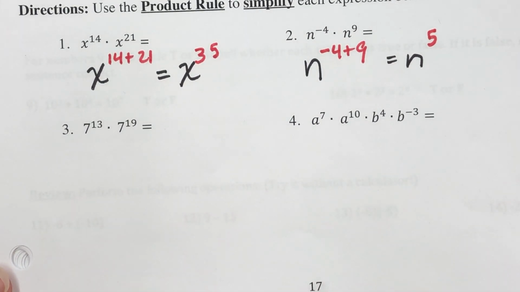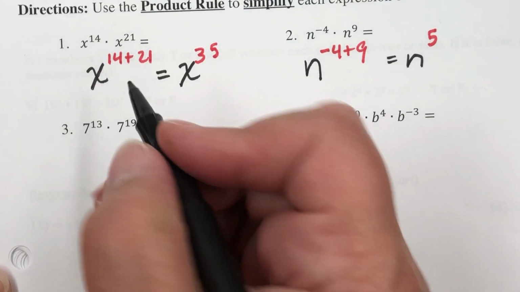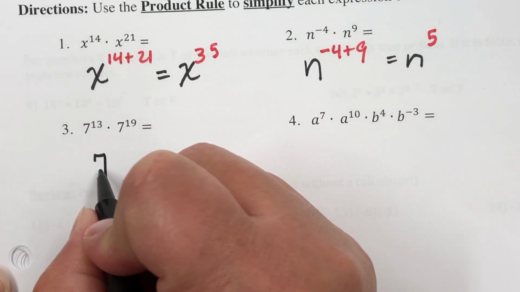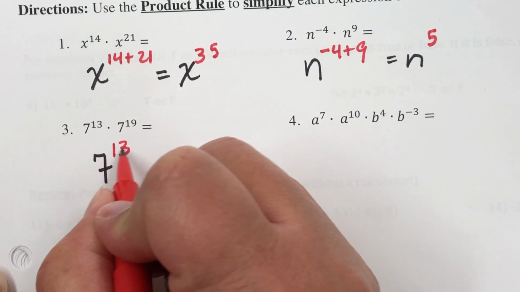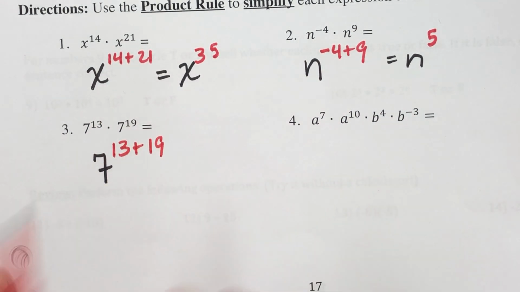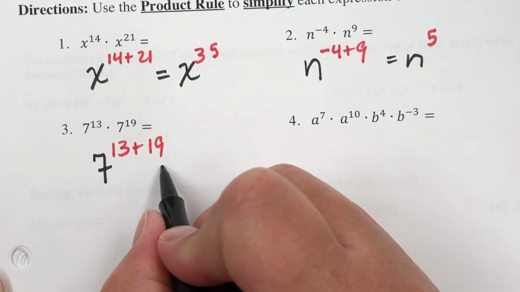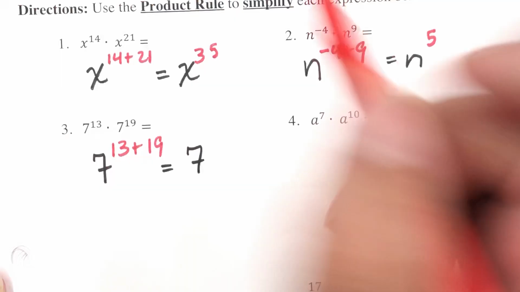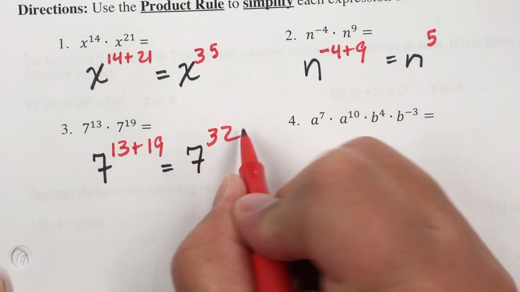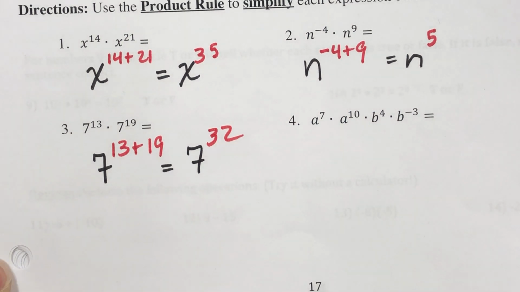For here, now I'm not using a variable, I'm using a number. I have 7, and I'm adding 13 plus 19. Boy, I'm glad I don't have to write that one out in expanded notation. That would be quite a lot of expanding, huh? 7 to the 32nd power. Again, you can use a calculator.